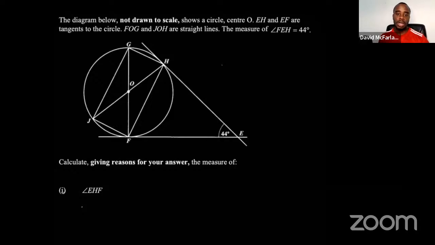All right, now here you see this circle looks a little bit more complicated, but let's break it down step by step. So first we want to find angle EHF, which is right here. What theorem do you think can help you? What do you already know? And how are you going to use it?